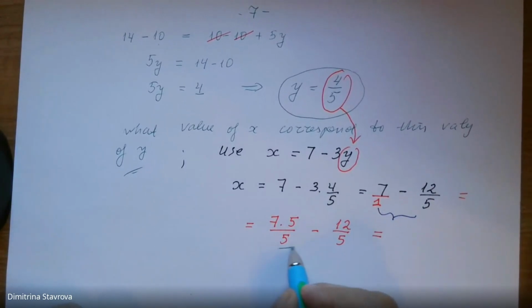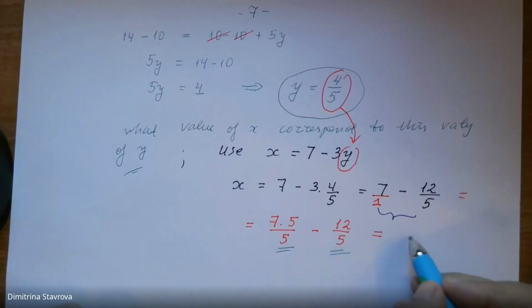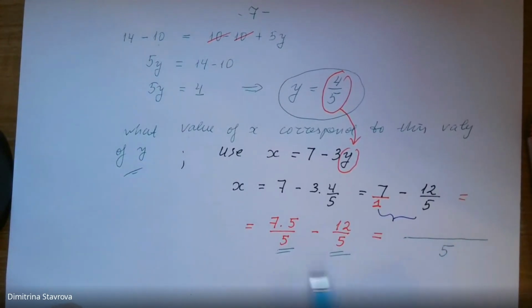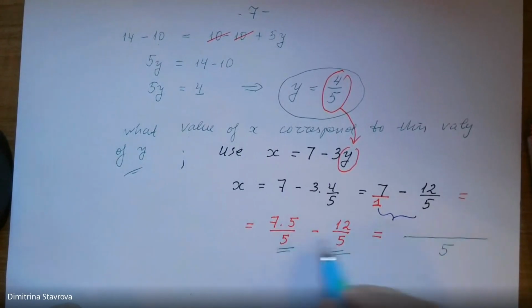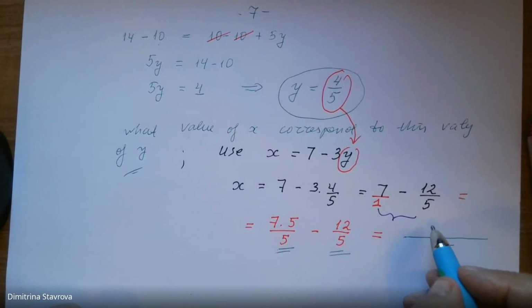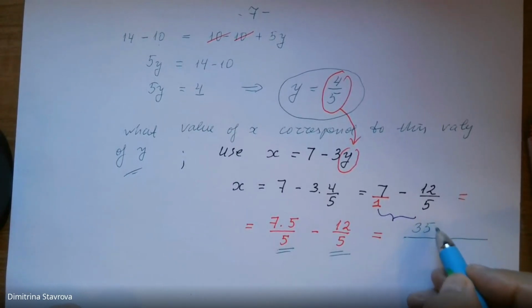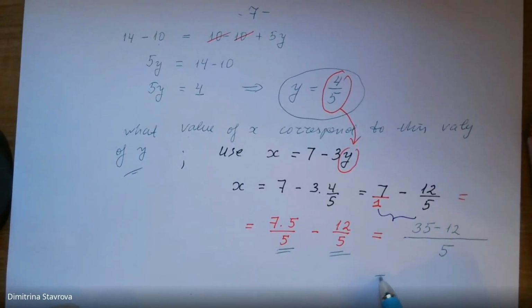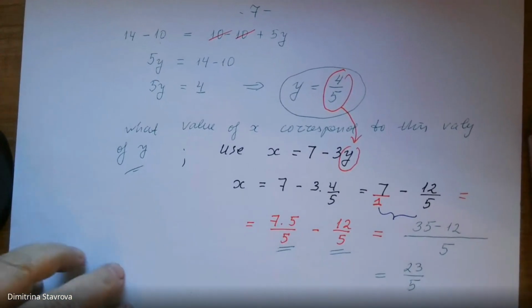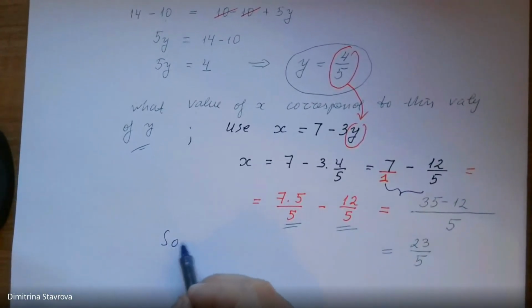Fractions with same denominator are being subtracted in the following way. We have as a result a fraction with the same denominator, and on the top we subtract the numerators. 7 times 5 is 35 minus 12, so we get 23 over 5.